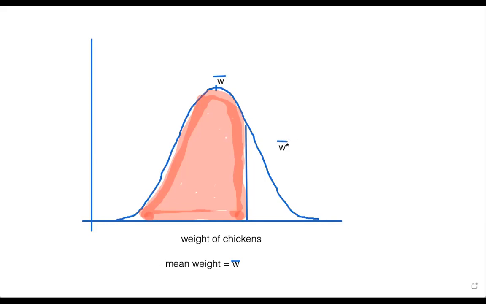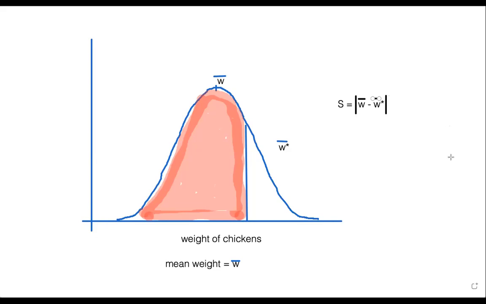And my selection differential, which I'll write capital S, is equal to the absolute value of W bar minus W bar star. Okay, you're with me there.